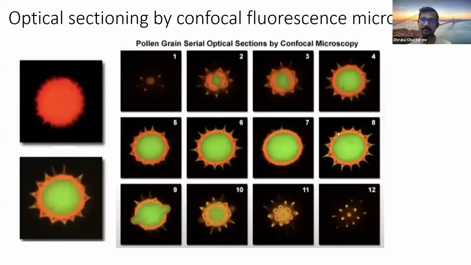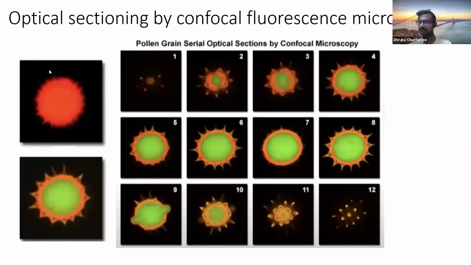The spiny outer part expresses proteins which are labeled in red, whereas the inner core, which is surrounded by the spiny red part, is green. The outer leaflet is red.